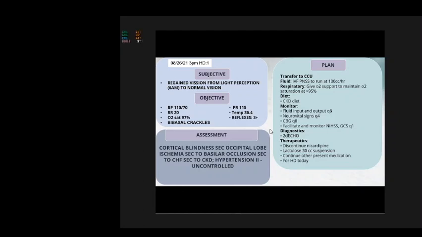Respiratory distress na po, Doc. What does your basilar artery supply? Doc? May pons na, Doc? Pons.